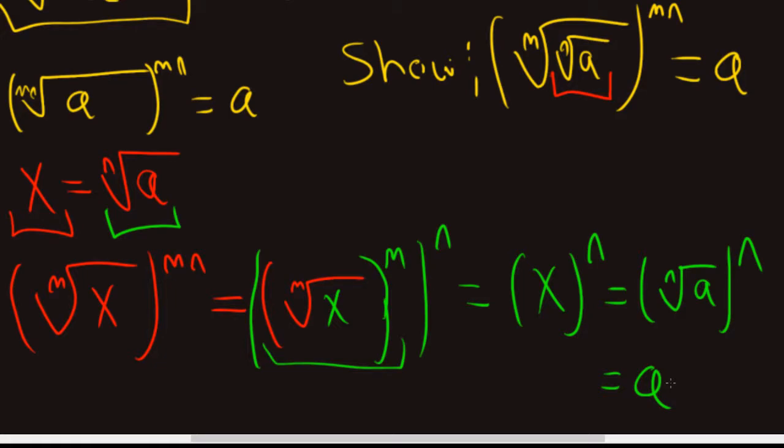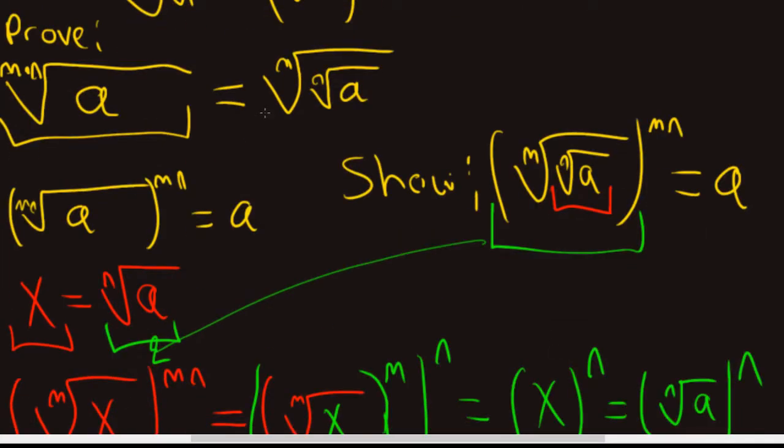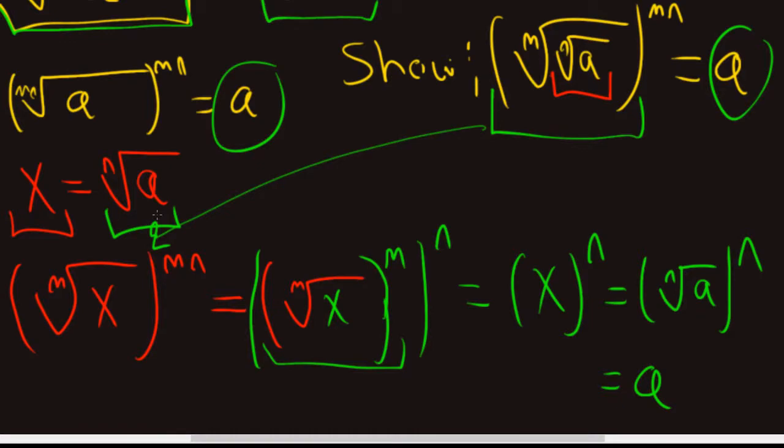And that really completes our proof, because we have taken this and just replaced the term I underlined in red with x, brought this term over here, and shown that with this simple substitution, you go through all the steps and you get that it's all equal to A. So we have shown that this is equal to this, because when they're both raised to the same power of mn, they're both equal to A. That was a little bit of a sloppy proof, and that was just because of my delivery.